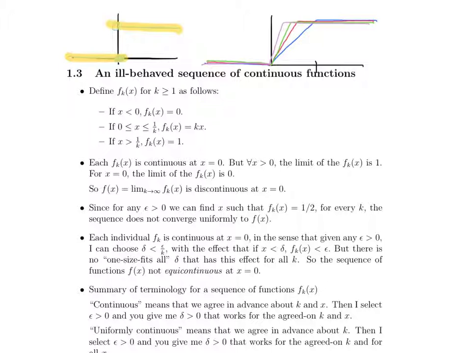But I want to point out to you that for every single k index, for every single function, no matter what k is in this sequence of functions, it's continuous. That means there has to be some path that goes from, sure, we're within epsilon of the limit function down here, but then if we're talking about a specific function in the sequence, it's a continuous function.